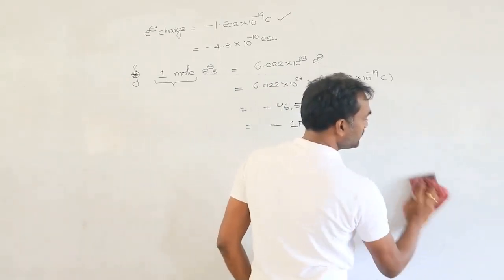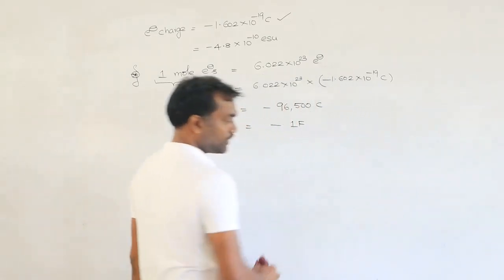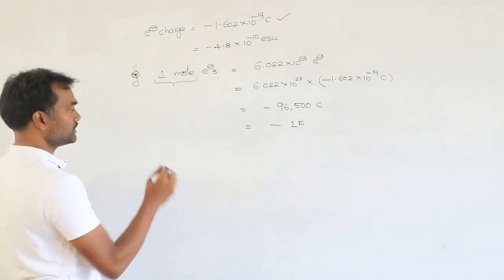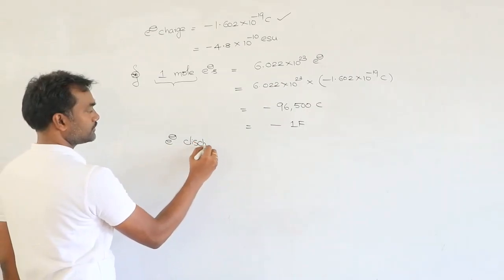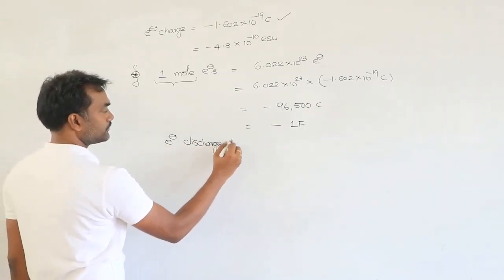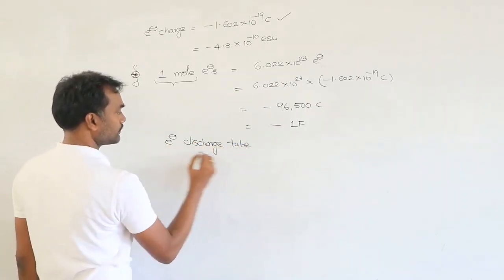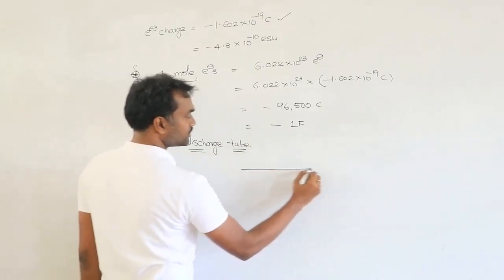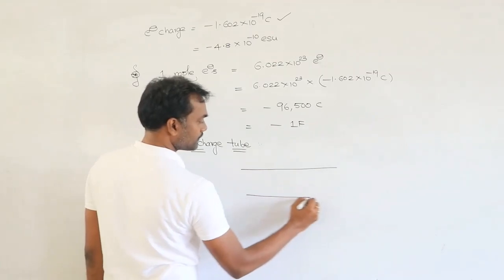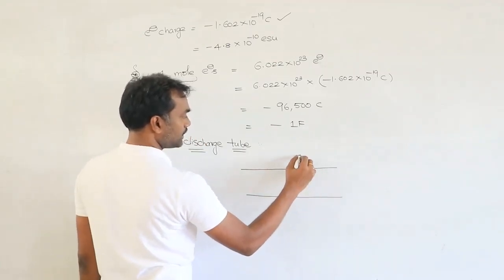Next, why are these called cathode rays? What is an electron discharge tube? We are taking a glass tube like this.